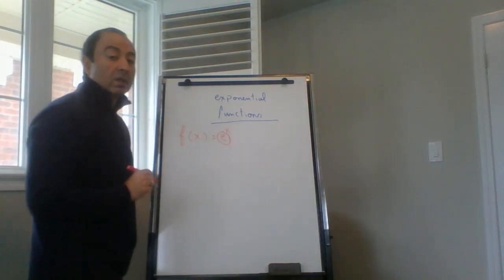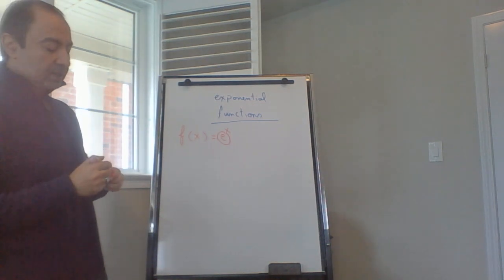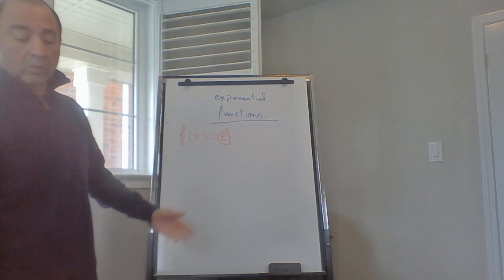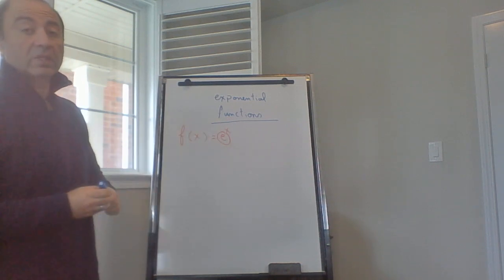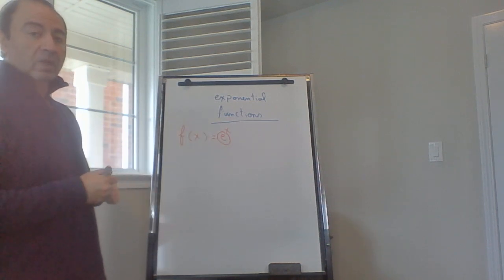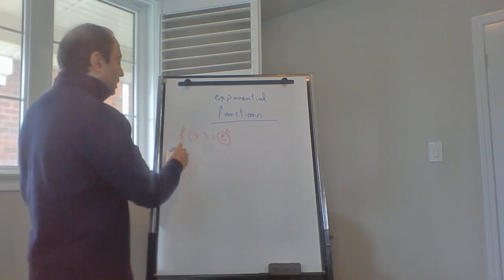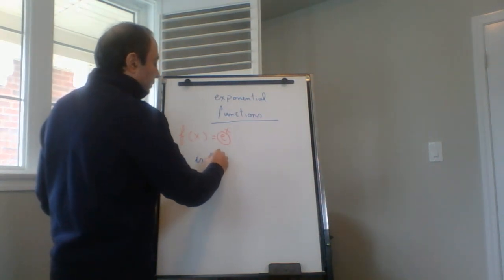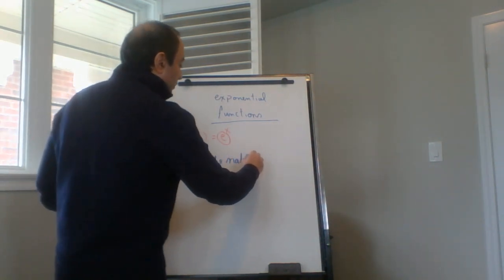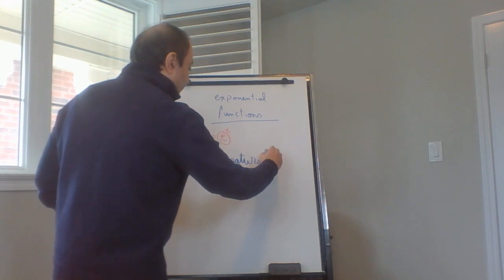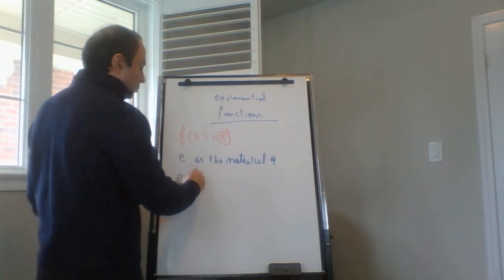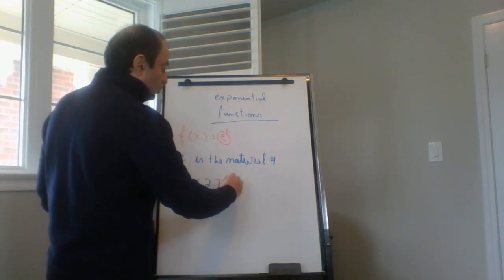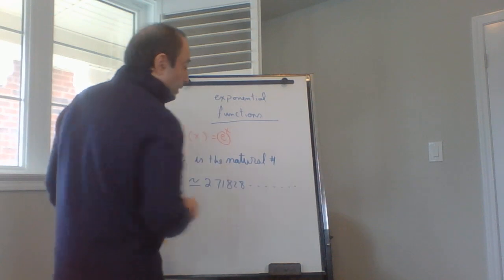Before we proceed and say what makes this function special, we have to talk about what e is. So e is the natural number. E almost equals 2.71828, and it will never end.